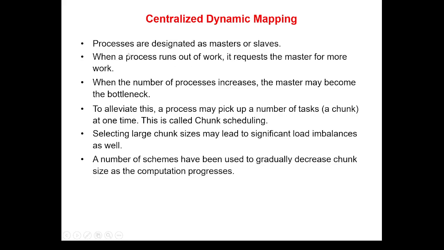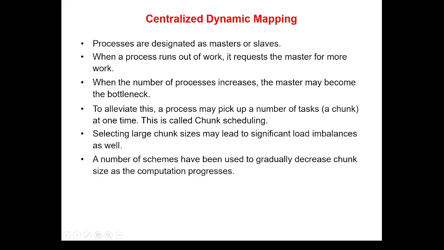Okay, processes tu kita boleh assign sama ada dia become a master or become a slave. When the process run out of work, ini kita pakai centralized. Bila kita centralized, kita assign satu master and other process become a slave. When process run out of work, it requests the master for more work. Okay, bila satu proses tu dah habis, processor dah habis buat kerja dia, so dia boleh request dekat master untuk buat more kerja yang lain.